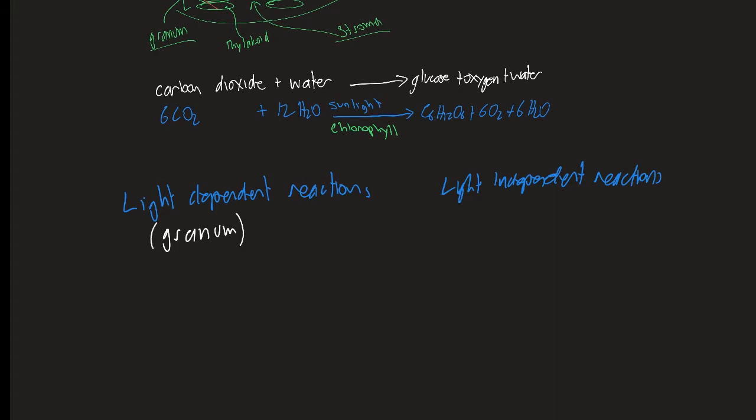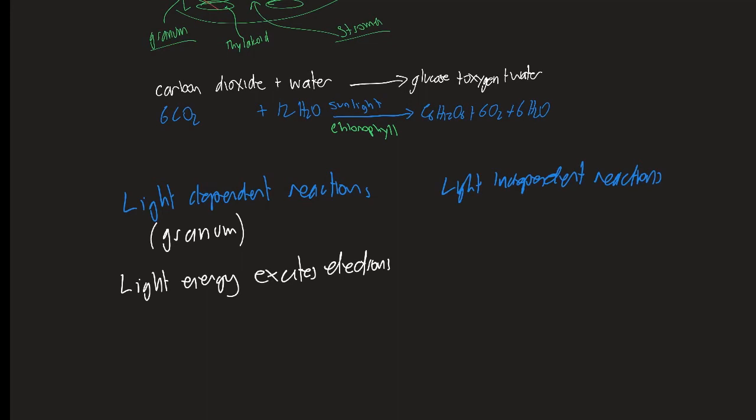Now, the whole point of this reaction is converting light energy into ATP for the second part of the reaction. Okay, so basically, light energy, what it does is it excites electrons.